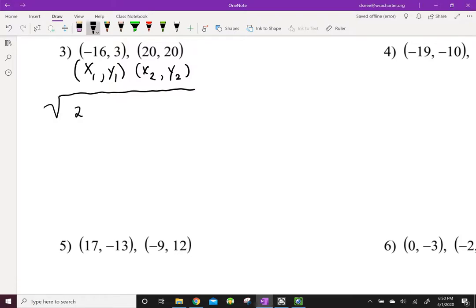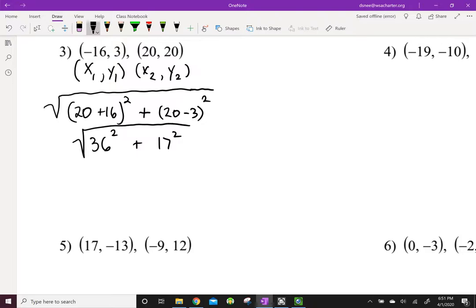So 20 minus negative 16 is actually 20 plus 16, plus, let's see, 20 minus 3, 20 minus 3 is 17. So now I have 36 squared plus 17 squared, and I want to find the square root of that value.